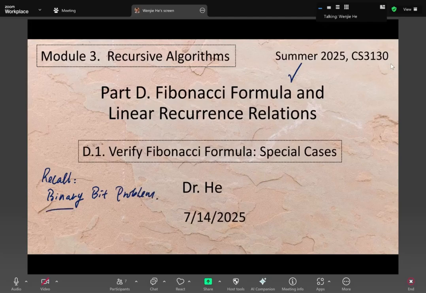In that problem, we skipped one verification step. At the end, we wrote a formula. So here, let me just write.